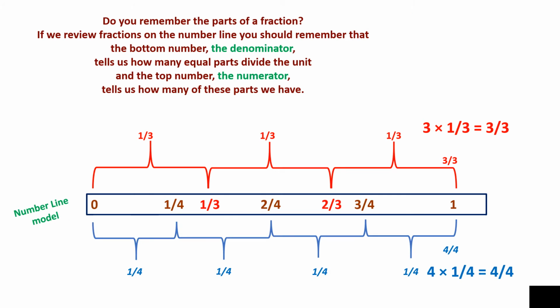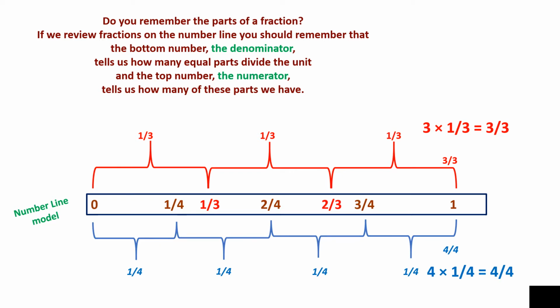Do you remember the parts of a fraction? You can see that a fraction is written with a number on the bottom, the denominator, and a number at the top, a numerator. The denominator tells us how many equal parts divide a unit, and the numerator tells us how many of these equal parts we have. Here on the number line, we can see a unit divided into 3 equal parts, or thirds, and 4 equal parts, or fourths.